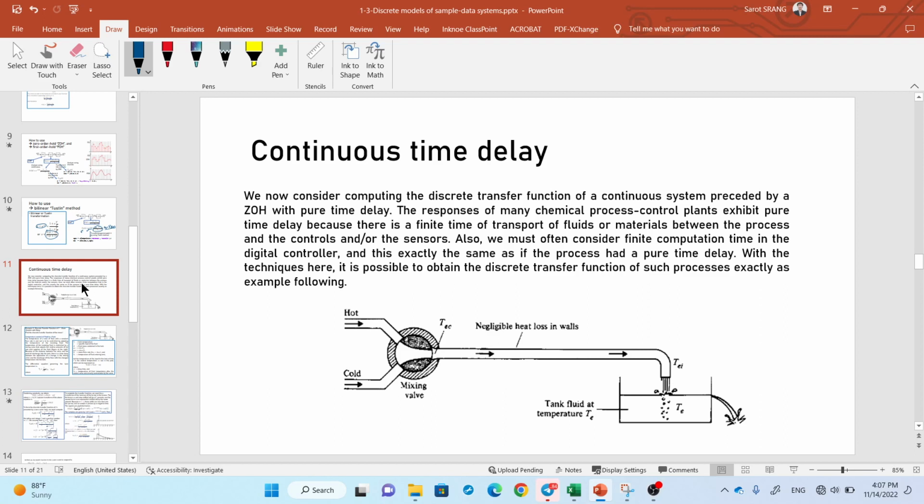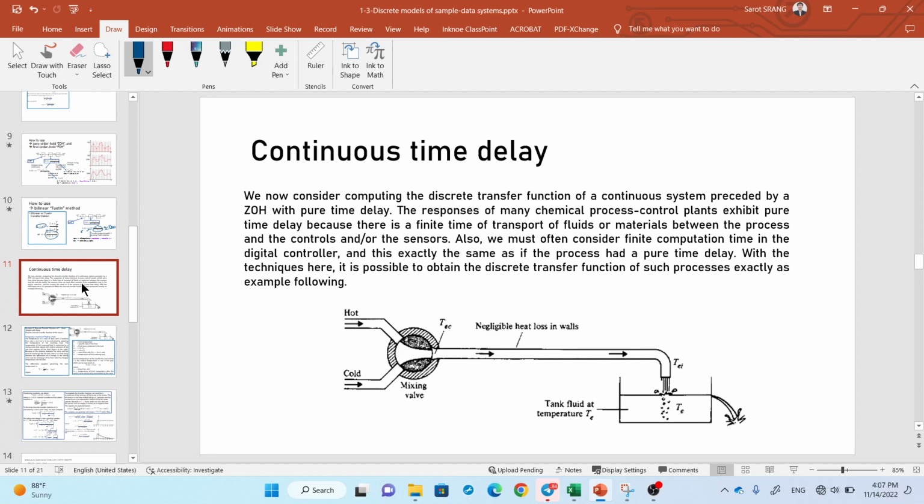For example, let's say we choose a sample time of 1 second, but then you have a delay like 1.3 seconds. It does not match a multiple of the sample time. So how can we do the analysis for this kind of problem?